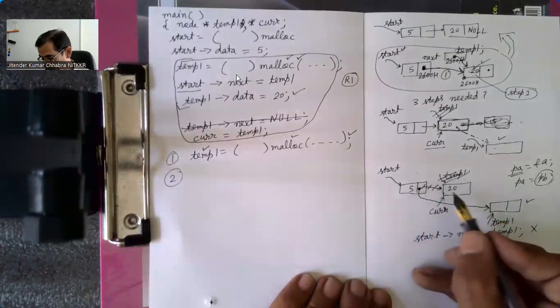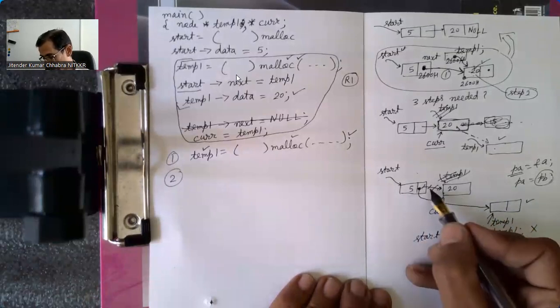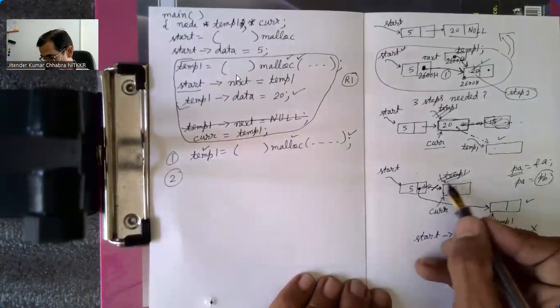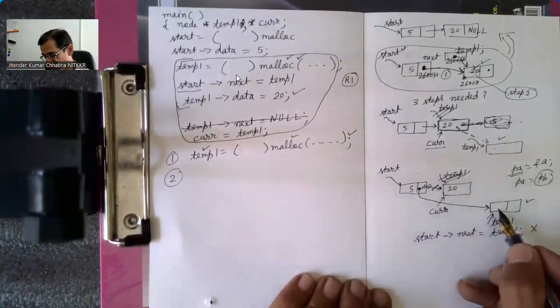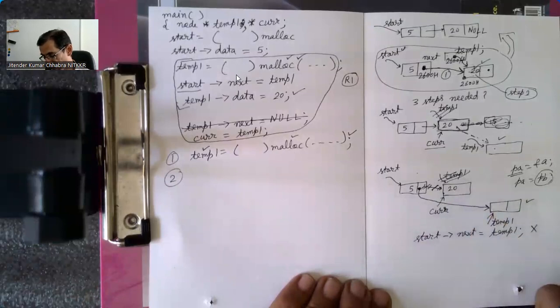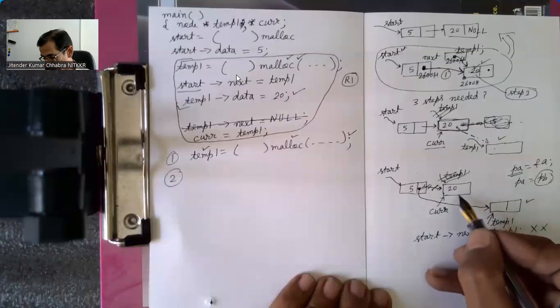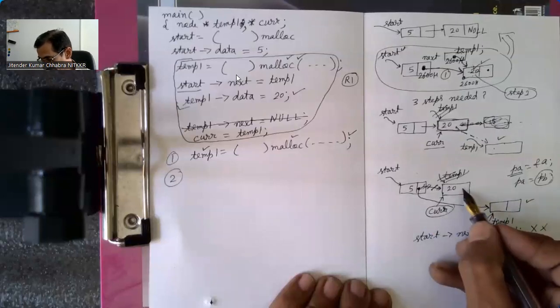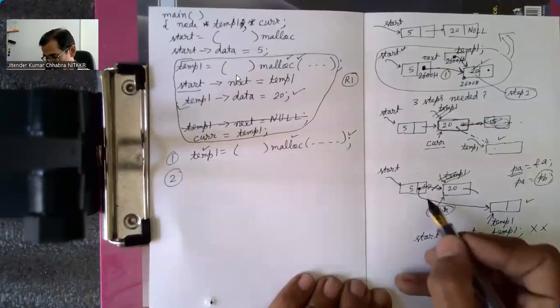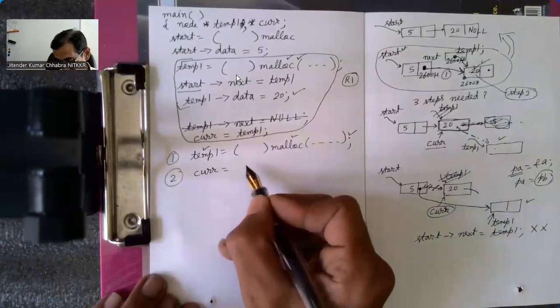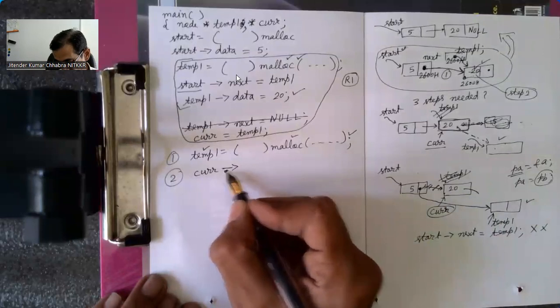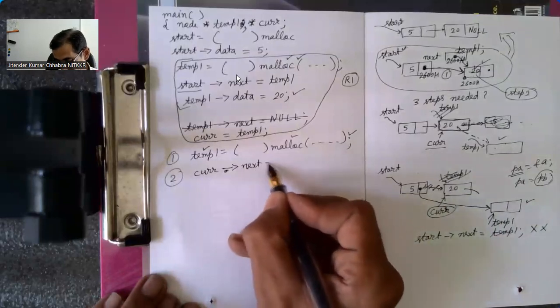I wanted 5, 20, 15. But this connection means this node got lost and start directly points to the next node. This node will not remain in the linked list. So this is incorrect. I am supposed to link the current node to this. So the correct statement will be current arrow next equal to temp1.